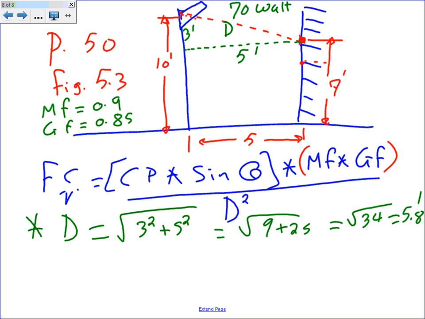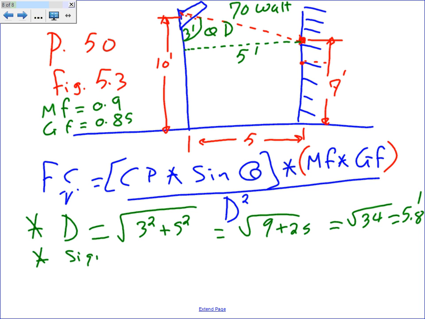We found the distance. Step number 2, the second thing you need to find is the angle. For the angle, you can use sine, cosine, anything you want. So here's the Q. I want to use the sine just because.